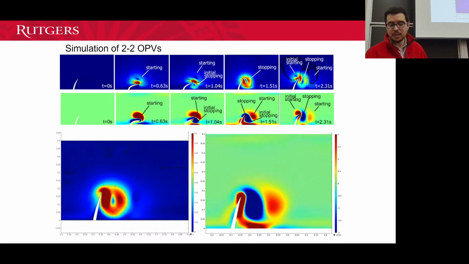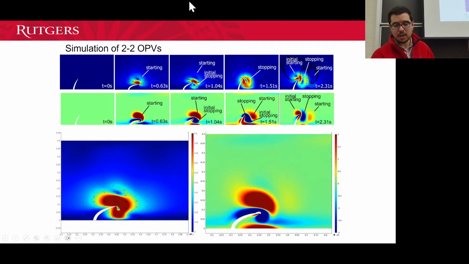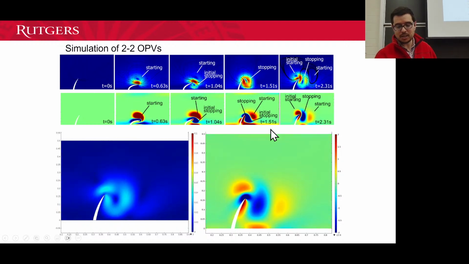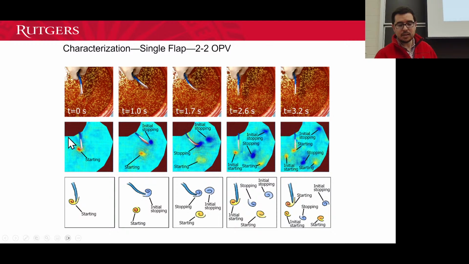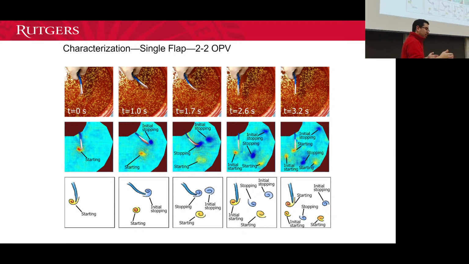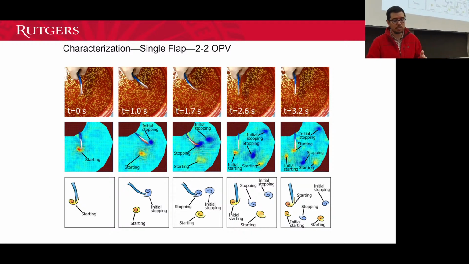That's what we're trying to demonstrate here in some of these simulations, and he did that here. So you see, right here there's just a starting, then an initial stopping, then stopping, and then initial starting and starting, in a complete cycle. So now you have 4 in one cycle of flapping back and forth. You're creating 4 vortices instead of 2 vortices.